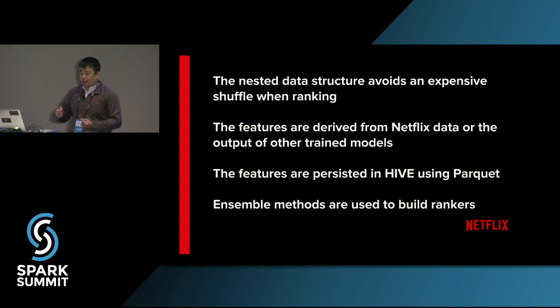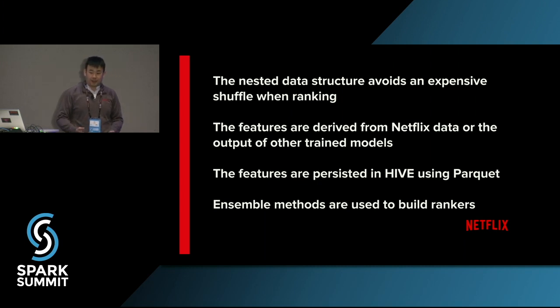Okay, so why do we use the nested structure? We can always flatten it out, but the problem is that when you want to compute a rank or do the ranking, you want to group all the items within the same context together. That will involve some kind of shuffling in Spark. You need to group by key, and the key will be the context.